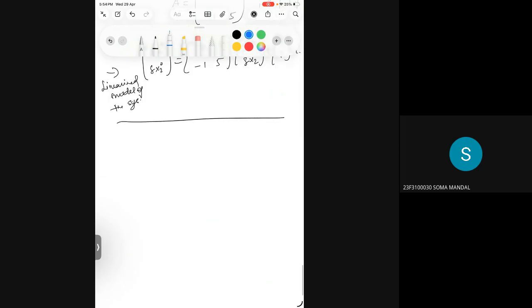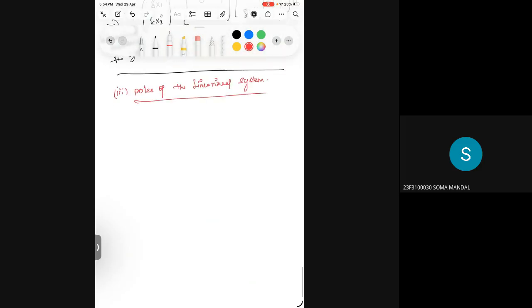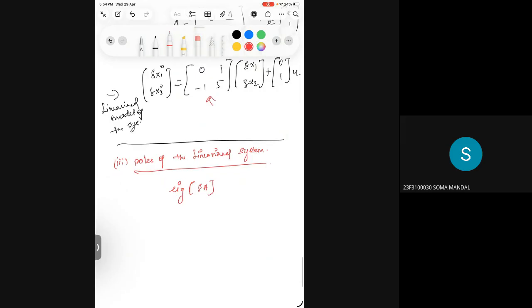Now, the third question, the important question, is they are asking us to find the poles of the linearized system. How to find the poles of the linearized system? Simply the eigenvalues of del A, that is this linearized matrix, right?